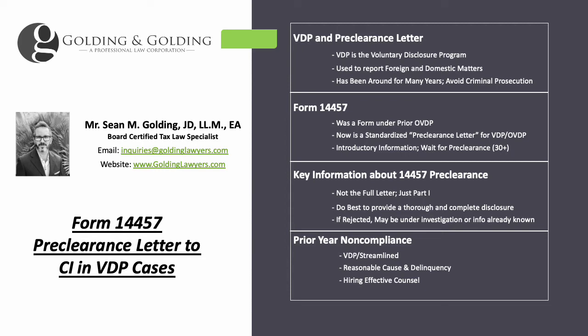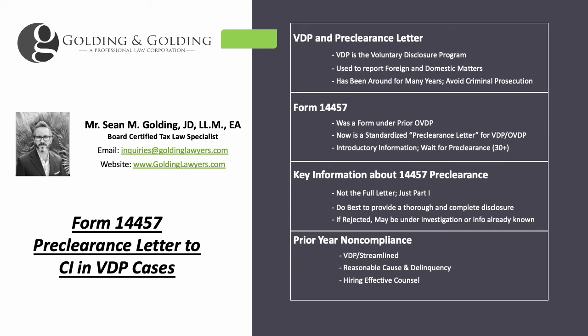It's not uncommon when people submit to the program that they want to get everything in there. You never know when they're going to get rid of the program, right? Back in the day with OVDP, they gave everyone 6 months notice. With the recent delinquency procedures, they updated it just on the website. They basically said, hey, it used to be under the Delinquent International Information Return Submission Procedures. It was a total penalty waiver.